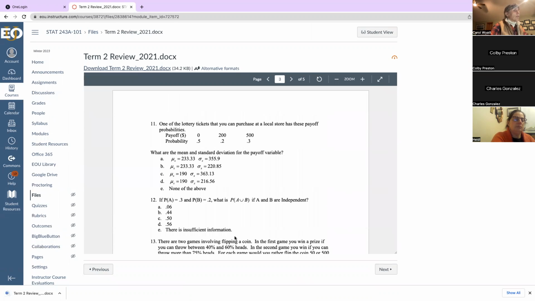So looking for the mean of this one right here. I got the 190, but for the standard deviation I keep coming out with a different answer, 216.